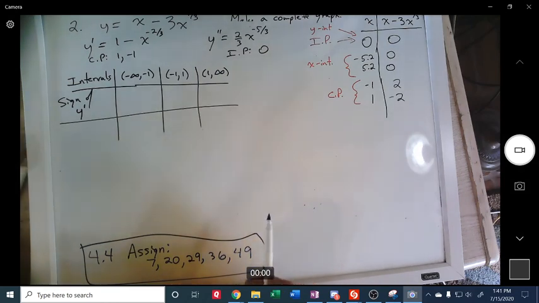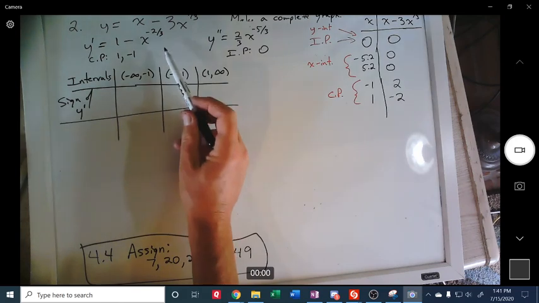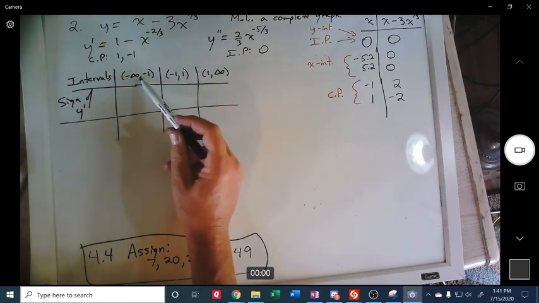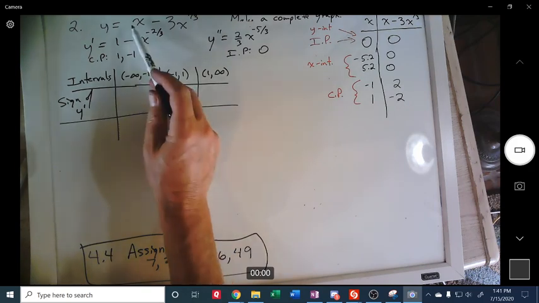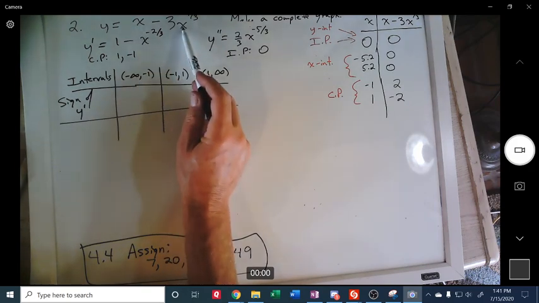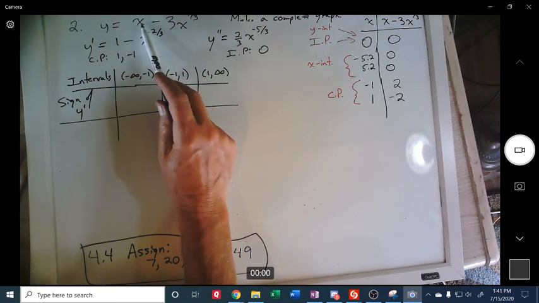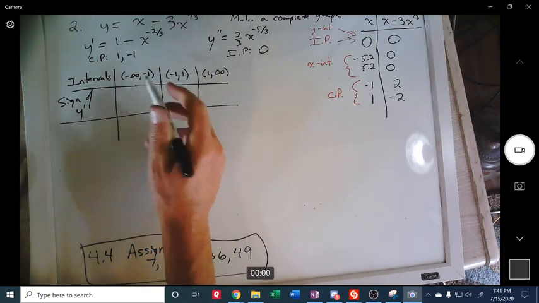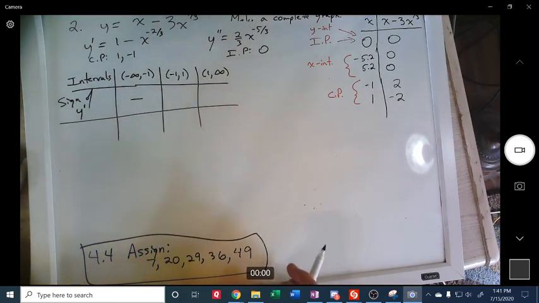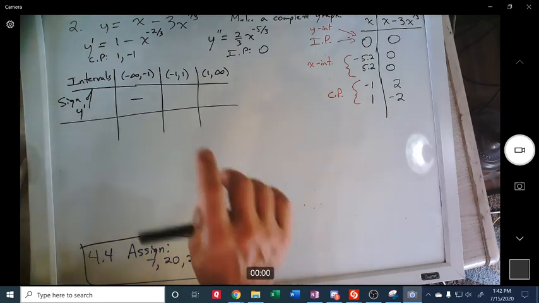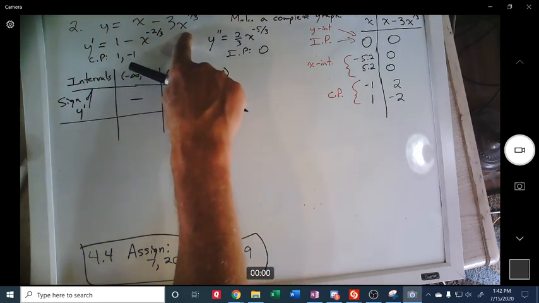If I plug in a negative huge number, then that's going to be huge, but that's going to be a lot smaller. And this number is going to dominate. It's going to be negative. When you cube root a huge number, it gets quite a bit smaller.